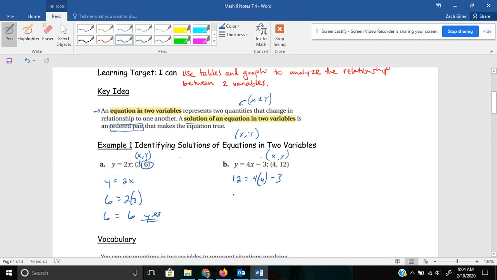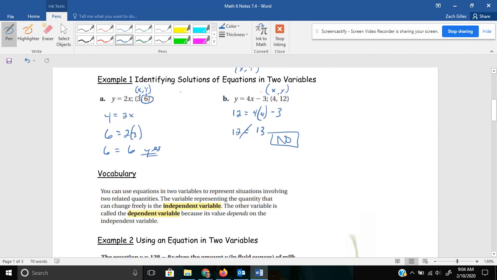So doing a little bit of simplifying there, 12 equals 4 times 4 is 16, and 16 minus 3 is 13. So 12 does not equal 13. So no, 4 comma 12 is not a solution, right?